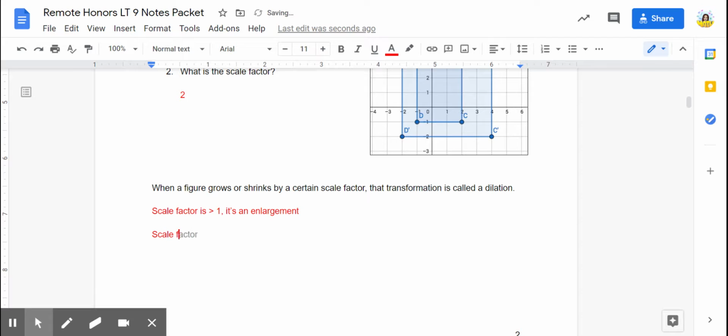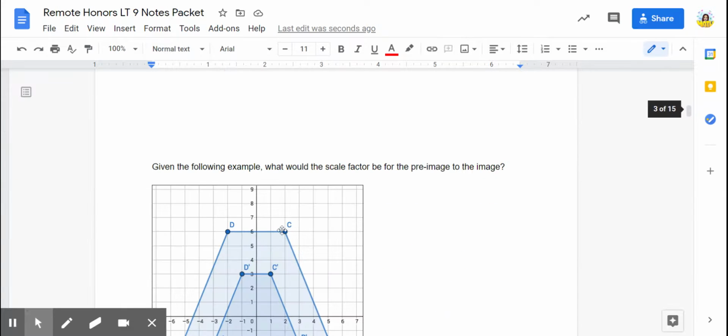When our scale factor is equal to 1, it's the same. You're multiplying it by 1, so nothing's happening. And when your scale factor is less than 1, it's a reduction. Those are just some things to think about for what that scale factor actually means mathematically.